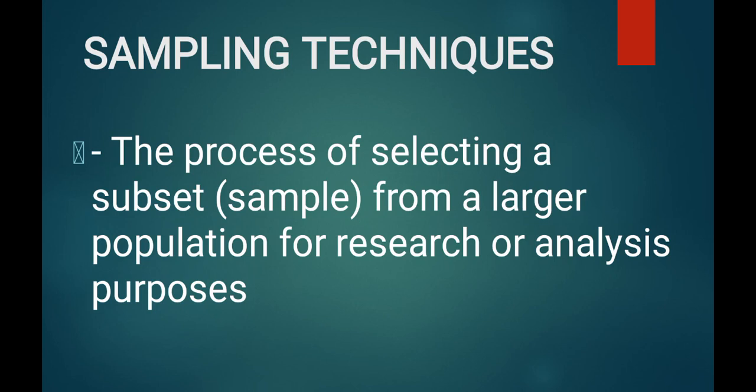Sampling is just the process of selecting a sample or a subset from a larger population for research or analysis purposes. If you remember in the last lesson, I talked about supposing in ABC EPA there are 5,000 dairy farmers.